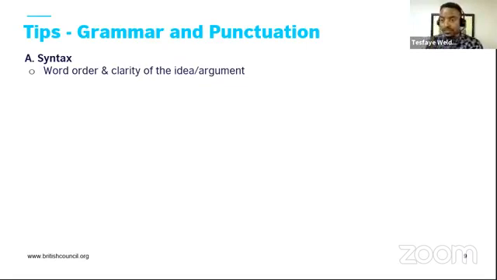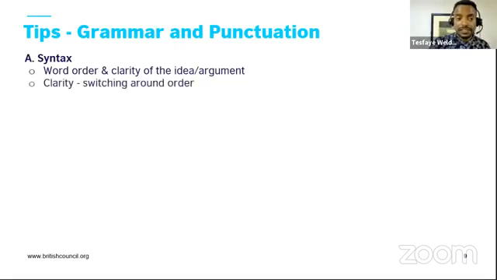So how the words are ordered within a sentence. A teacher of English, English teacher, or something like that, how you order it. So thinking about the word order is very important, and clarity of the idea and the argument. We'll clarify this in a bit.